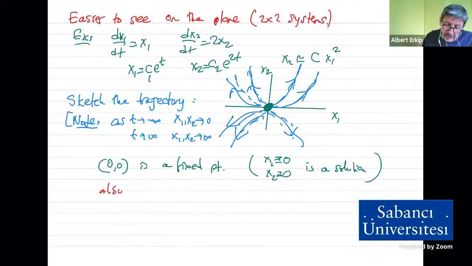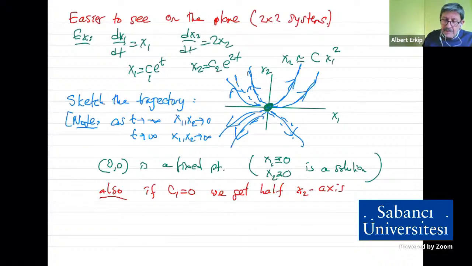Also, if c1 is equal to 0, we get half of the x2 axis, only x2, half because it's either going up or going down, so there's this one, and the same thing going down. And if c2 equals 0, we get half of the x1 axis. x1 going this way, x1 going this way.